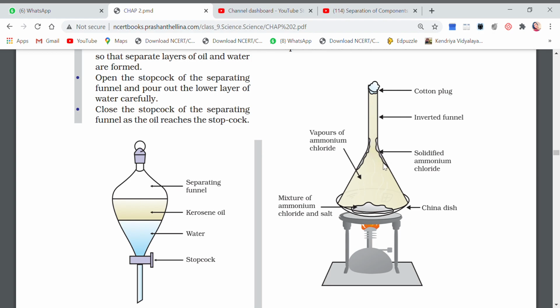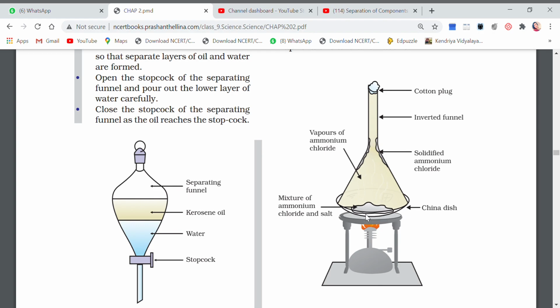They will come and stick to the walls of the inverted funnel here, and when they stick to the walls, they will get cooled, and after cooling again they will change from gas to solid. Children, please try to understand.